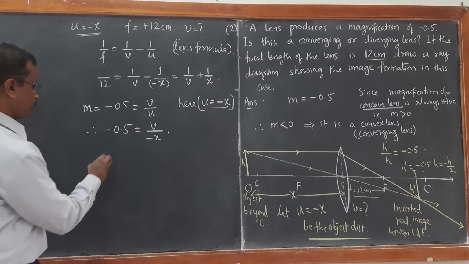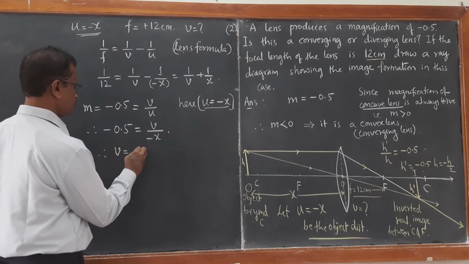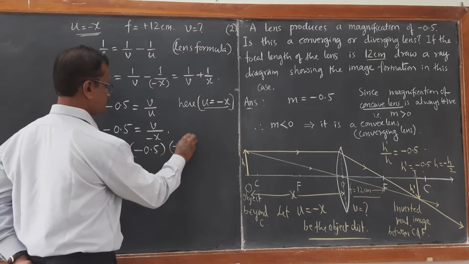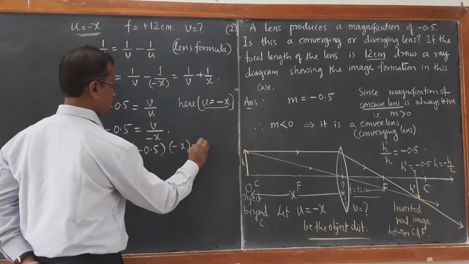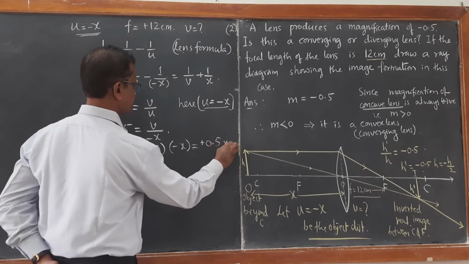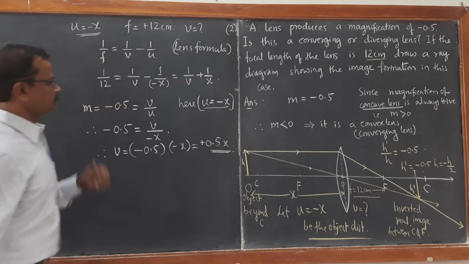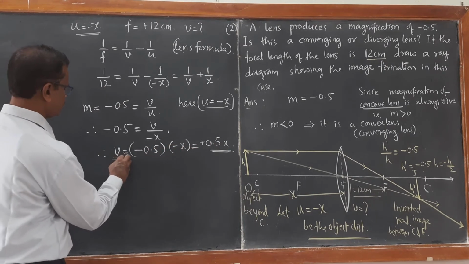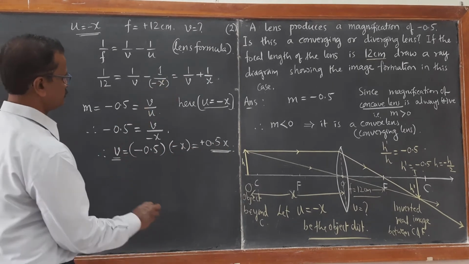Therefore v becomes equal to minus 0.5 into minus x, it becomes plus 0.5 of x. So I can substitute now the value of v in the above equation.